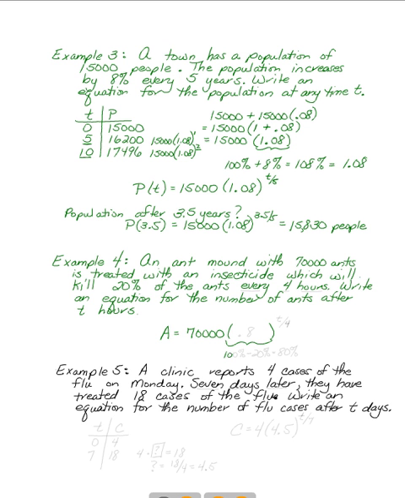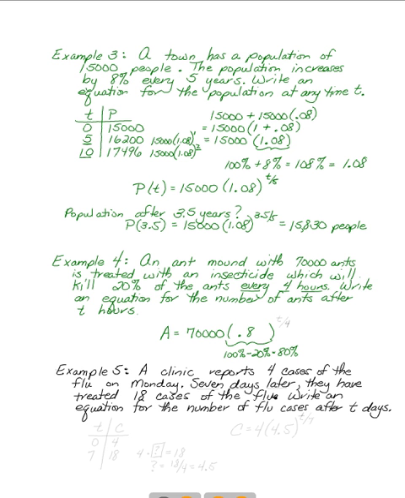So what we're looking at is 100% of the ants that we started with minus 20% of our ants, which is 80% of the ants that are actually left in the mound. Now 80% in decimal form is going to be 0.8. We know this happens every 4 hours.